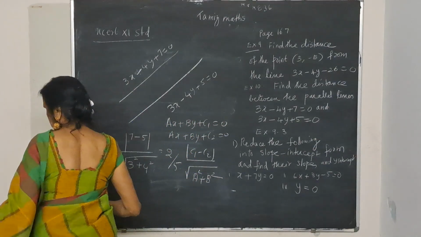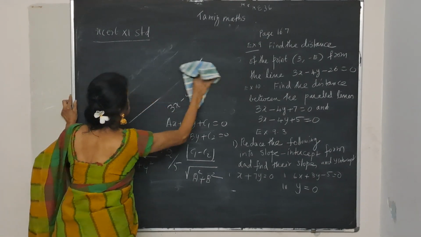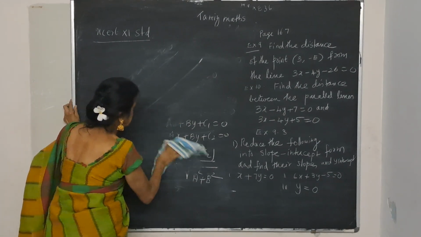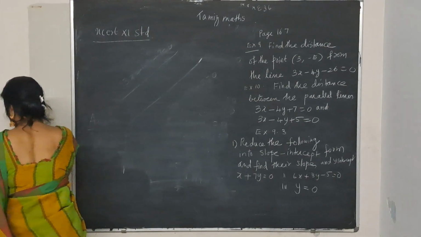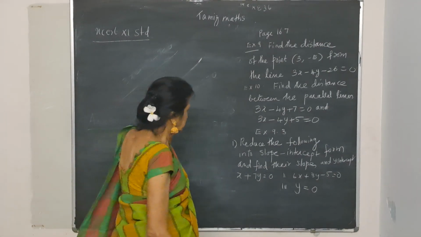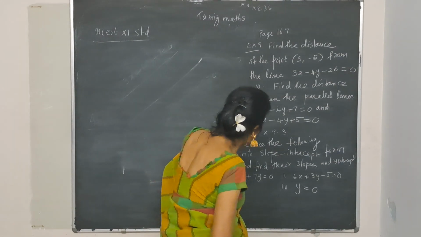Now we go for the next one. It is exercise 9.3 and it is problem 1. There are so many subdivisions in this.